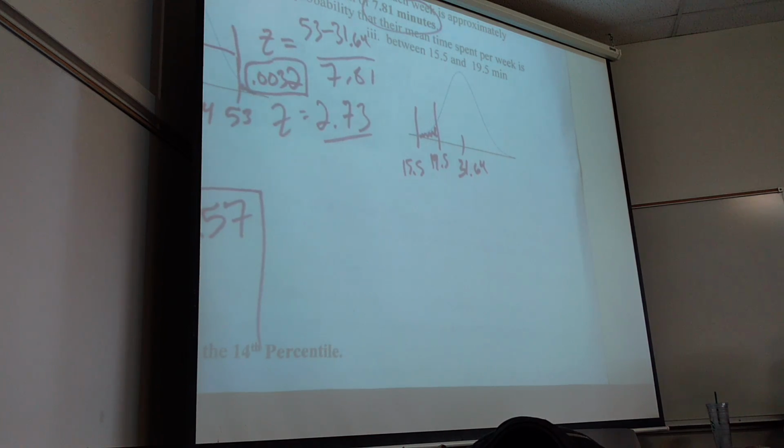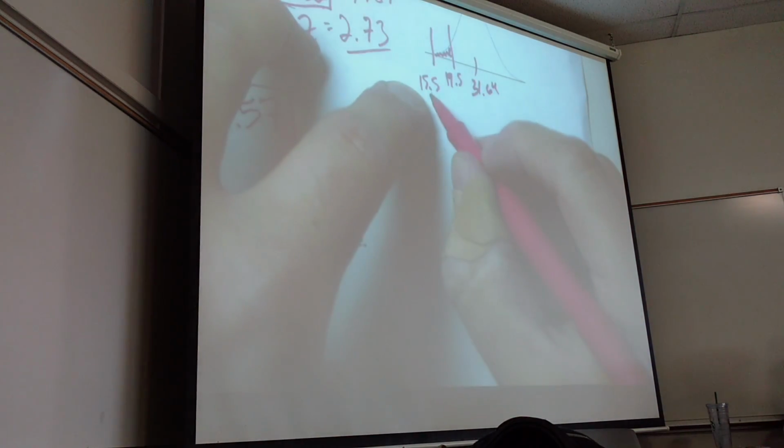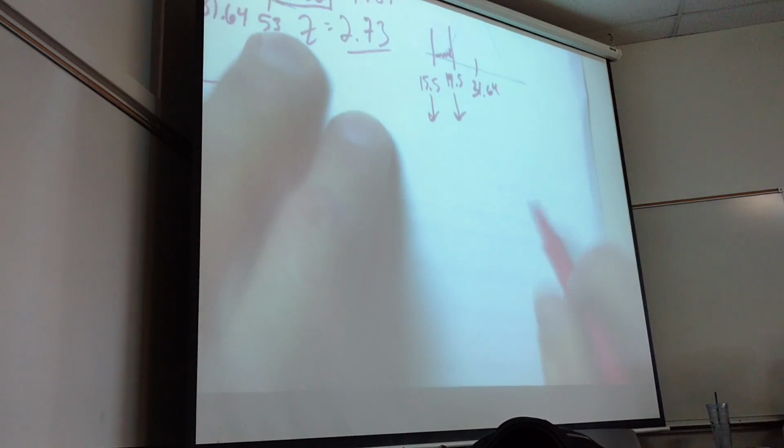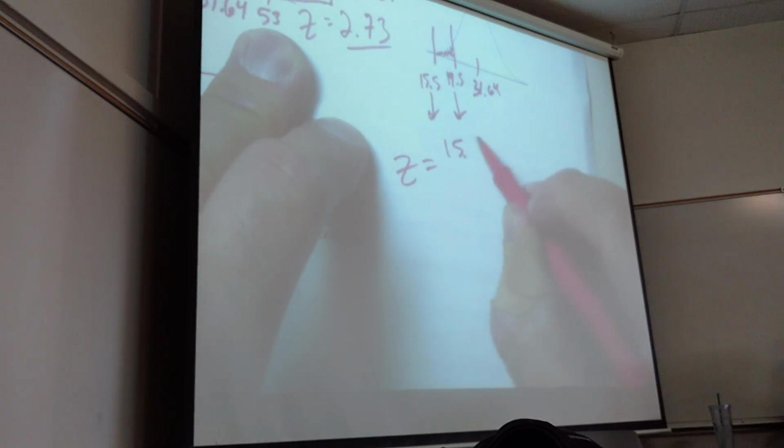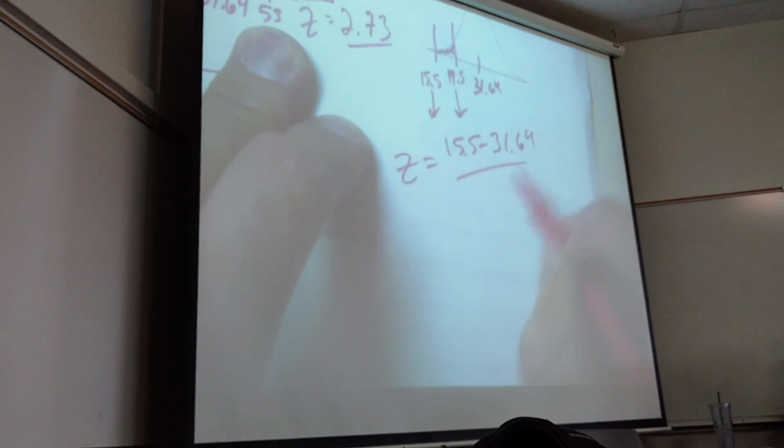All right. So here, I have to make Z scores out of both of these. I need a Z score for 15.5, and I need a Z score for 19.5.